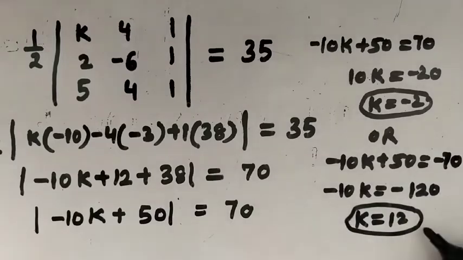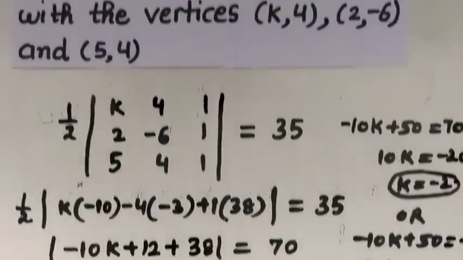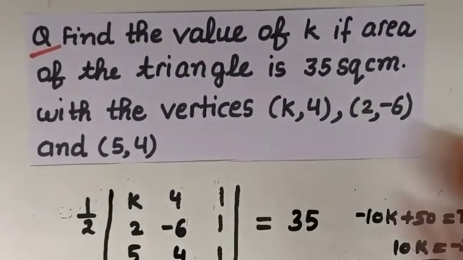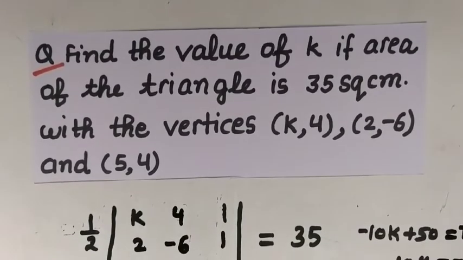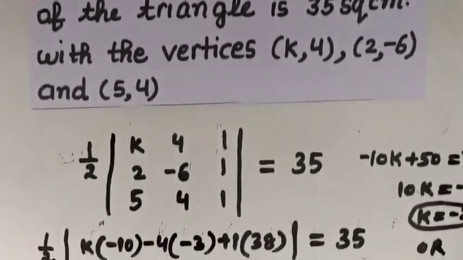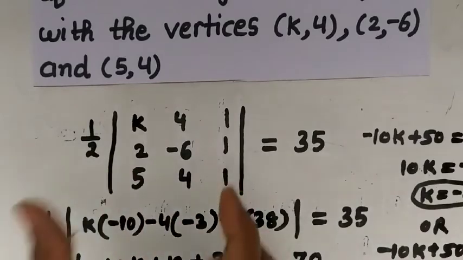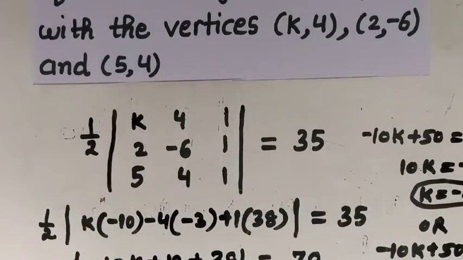So from here value of k is equal to 12 and from here value of k is equal to minus 2. So students, it is very simple. It was given that area of triangle is 35 square centimeter and we have to find the value of unknown k. So from the beginning we equate area of triangle equal to 35.